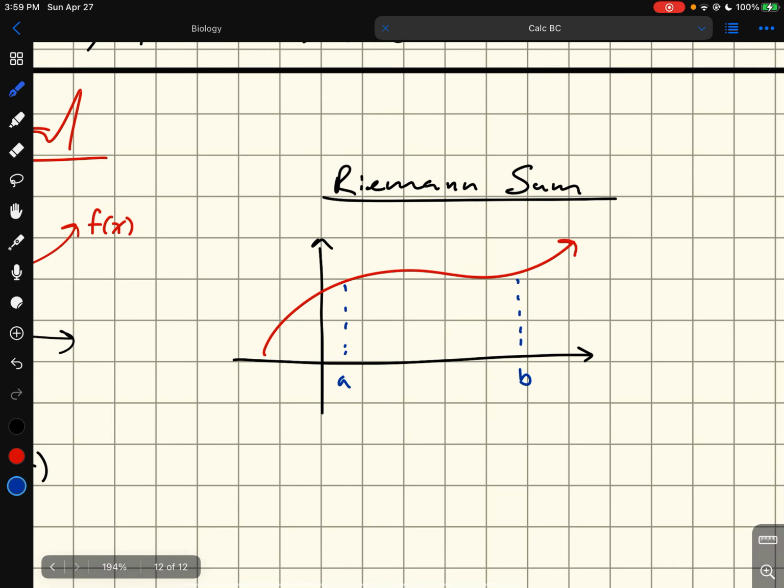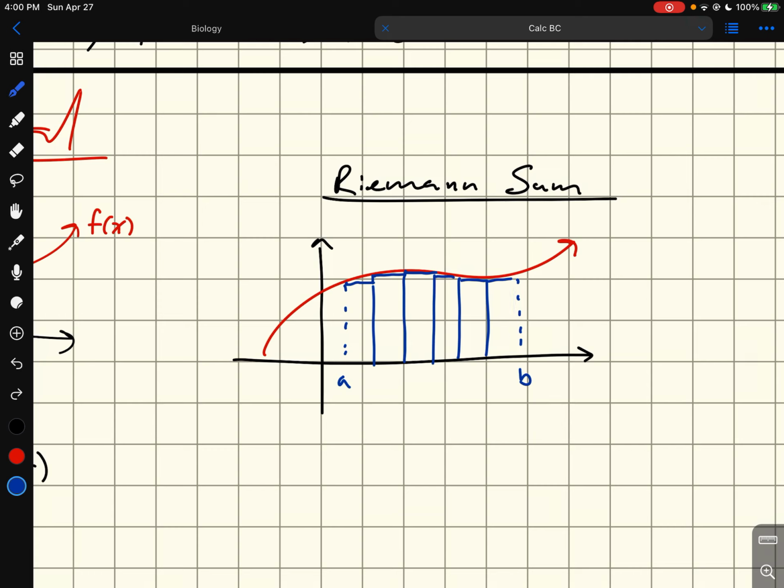So essentially what we use is rectangles. So from here to here, and the size of these rectangles depends on what size you want them to be, how many intervals you have. So that's what a Riemann sum is.